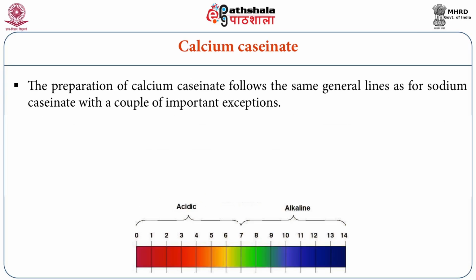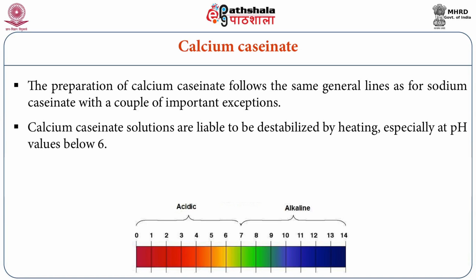The preparation of calcium caseinate follows the same general lines as for sodium caseinate with a couple of important exceptions. Calcium caseinate solutions are liable to be destabilized by heating, especially at pH values below 6.